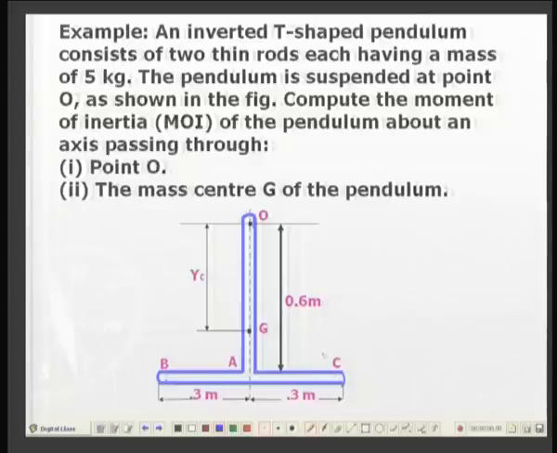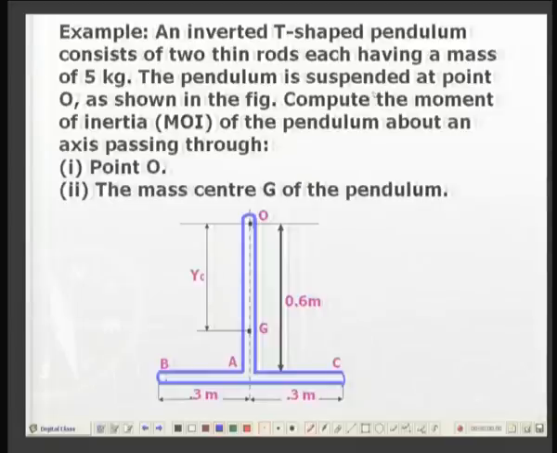Thickness is much smaller than the other dimension. Each of these limbs of the T section has a mass of 5 kilogram, and the pendulum is suspended from the top point O as shown in the figure.